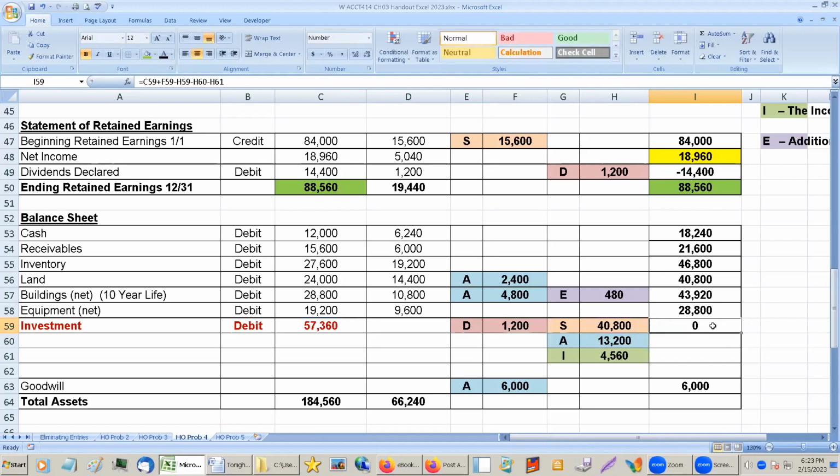And that should come out to zero. And again, you want it to go to zero because you'll notice that all the stuff from Bill is included over here now. This is Amy's assets and Bill's assets together. So we're taking the Bill investment off the books, because we have all Bill's stuff.